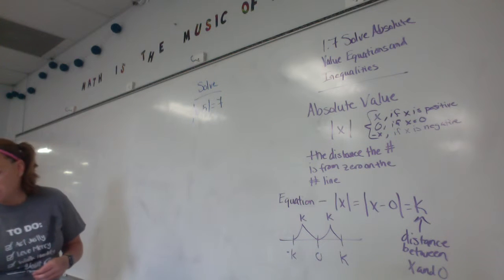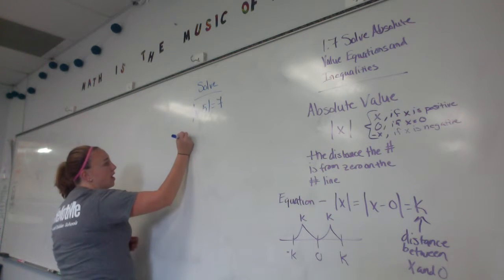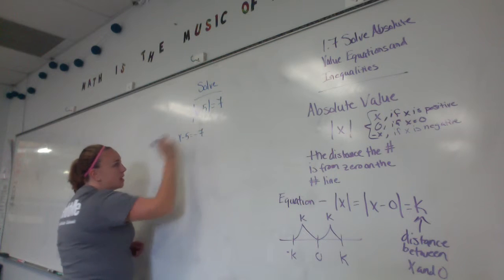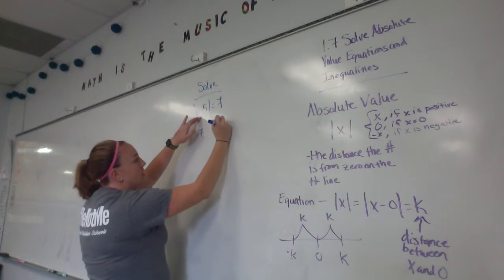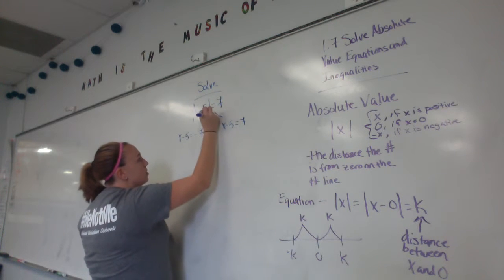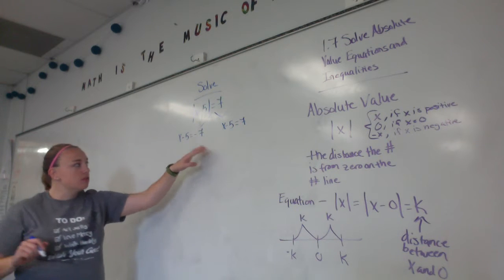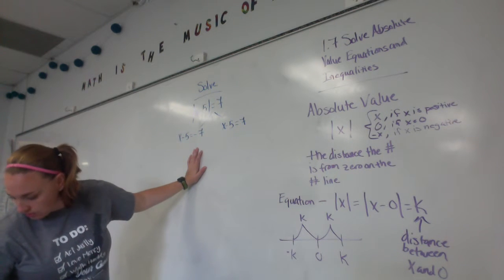Does that make sense? So I'm going to take this part here, x minus 5, and set it equal to negative 7, and take this part here and say x minus 5 equals 7. I set up 2 equations off of that.